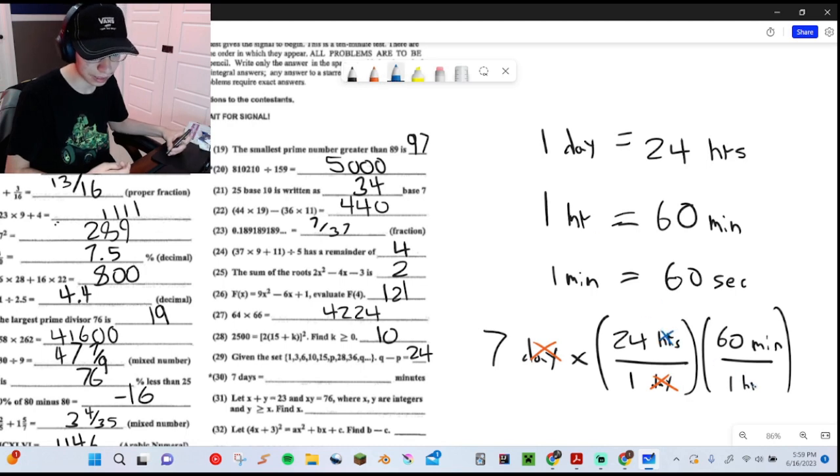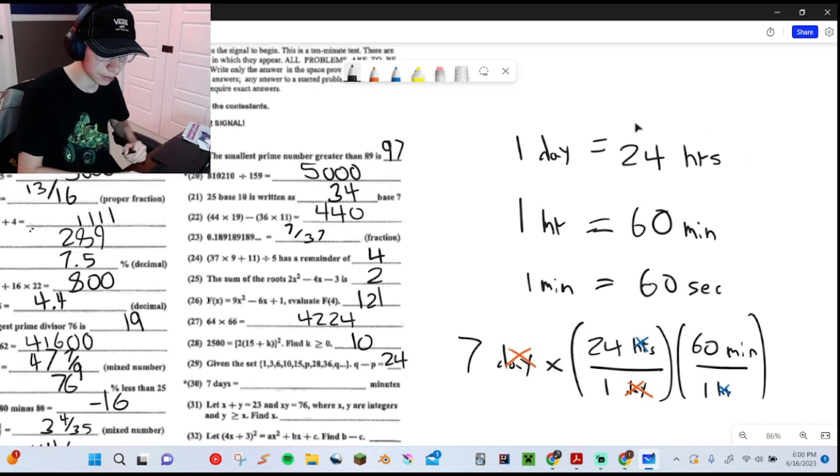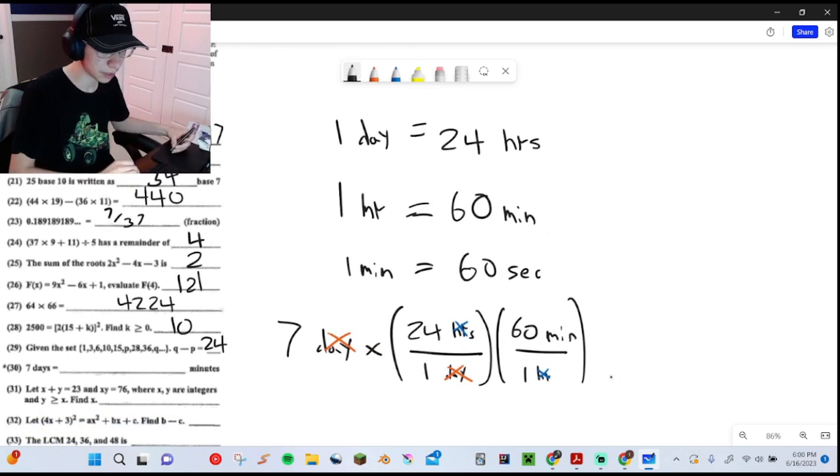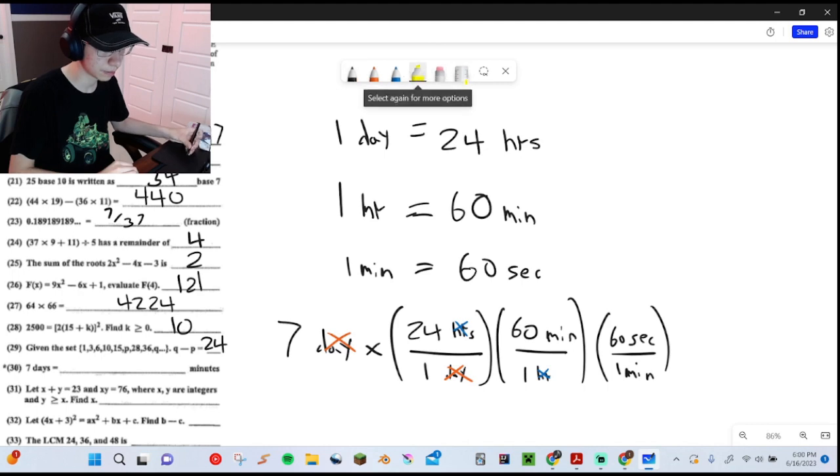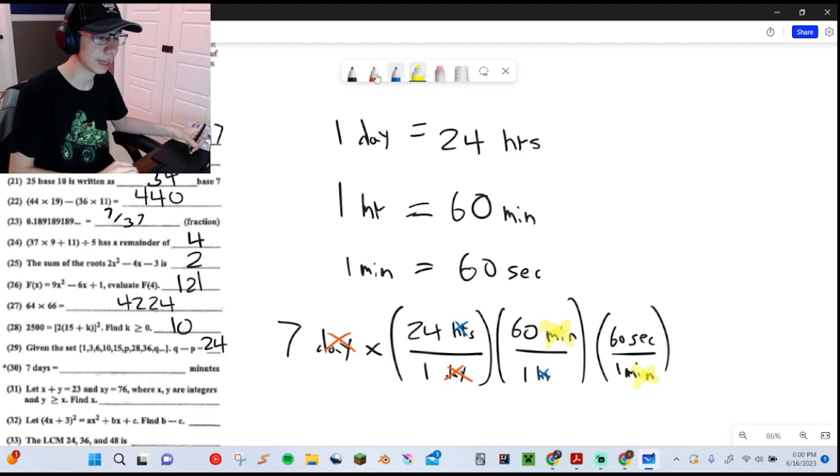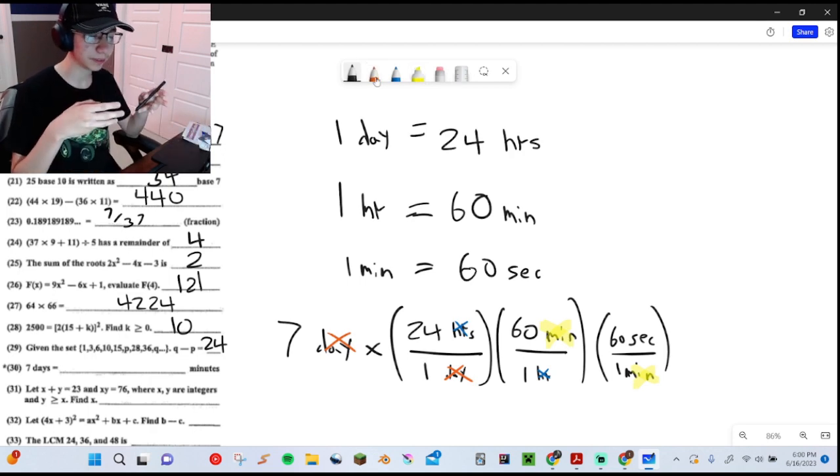Then hours cancel out. And then I multiply by 60 seconds per minute. And so these cancel out, leaving me with just seconds from my original 7 days. I gotta do 7 times 24 times 60 times 60.